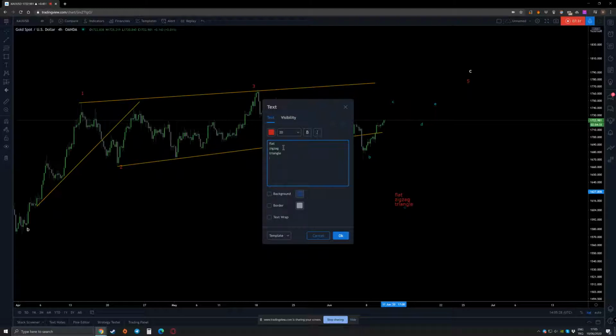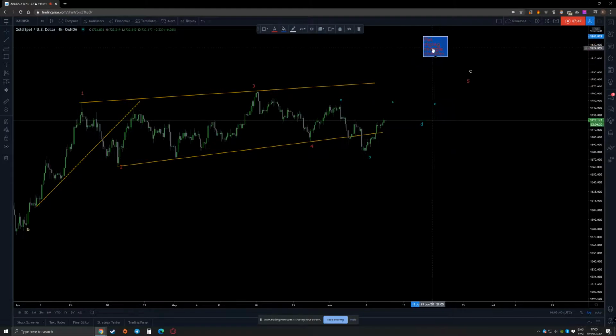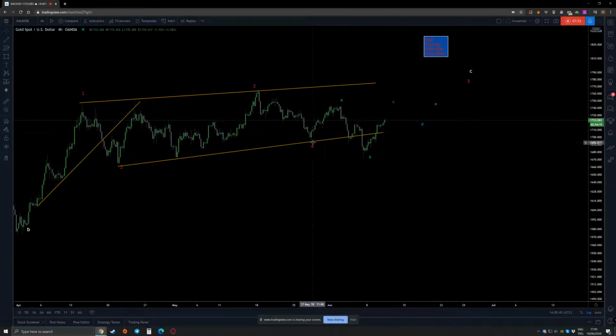Well, it can do all kinds of complex corrections as well. So it is very important for you guys to understand that for this fifth wave, we have all these options.